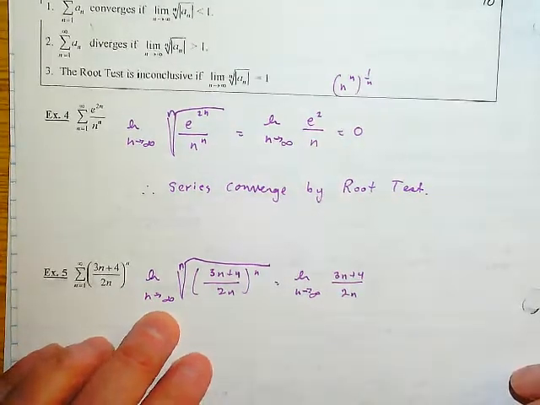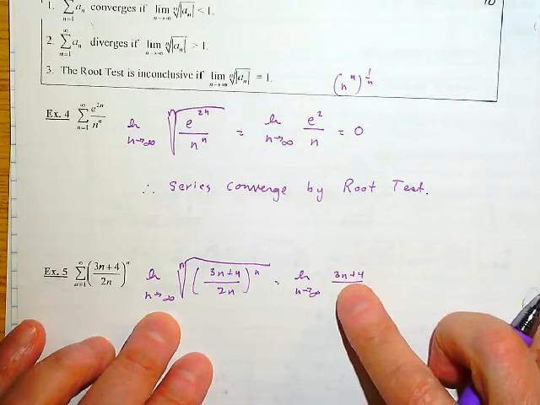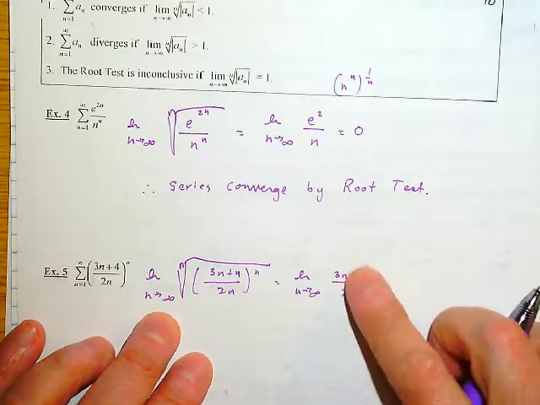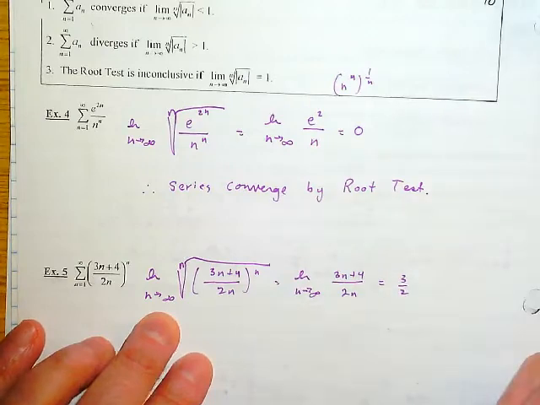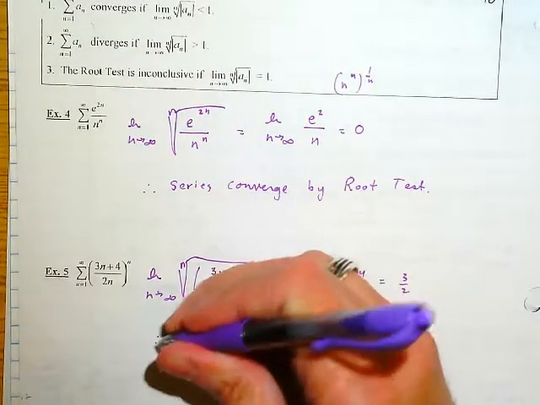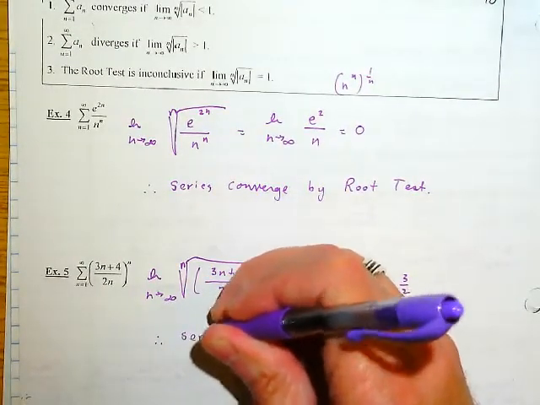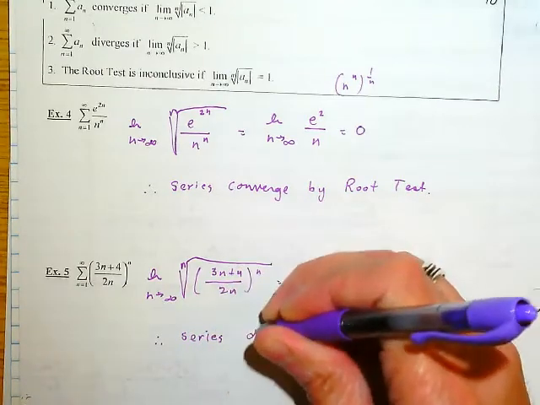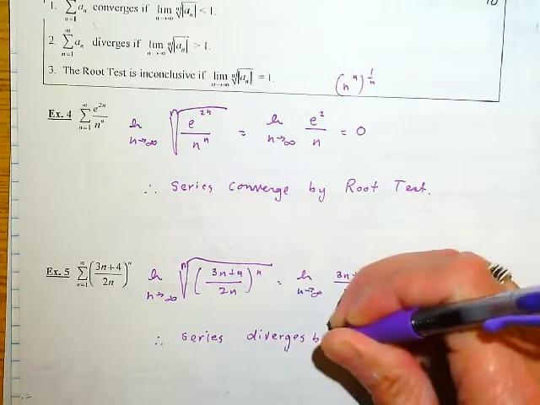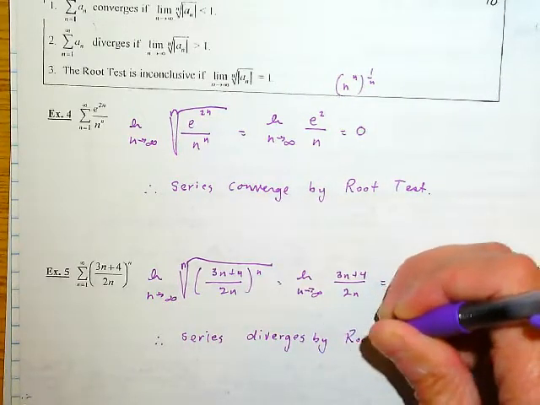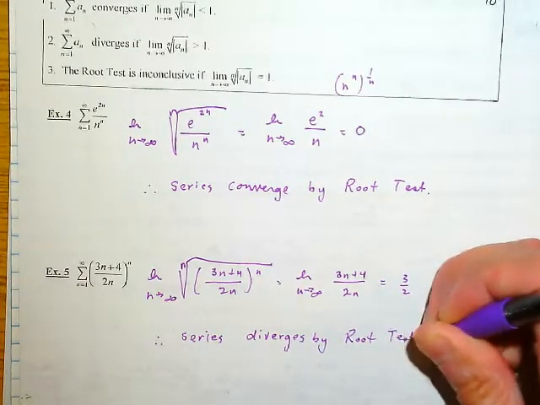We all can take that limit, right? You've got 3 and you've got 2, the degrees are the same, so you've got leading coefficients of 3/2. Therefore, our series, well, it's greater than 1, diverges by the root test.